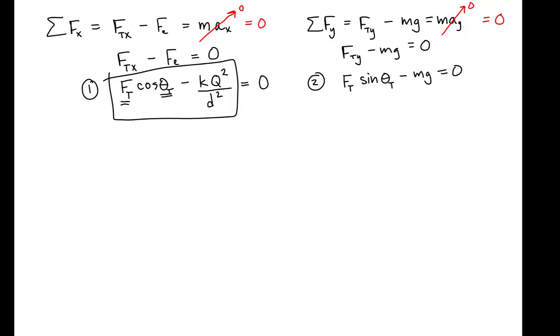We have enough information to solve for the angle because we have 2 sides of a right triangle. The 2 sides of the right triangle just come from the string and the ball, and I'll illustrate that right here.